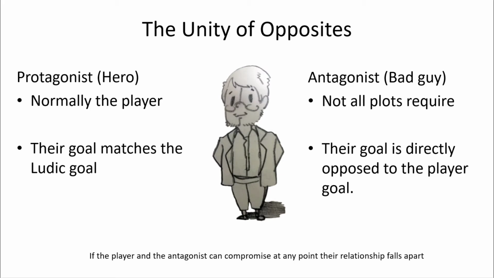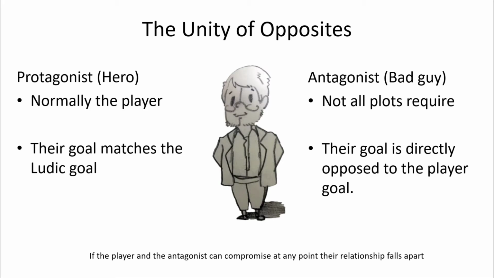That's why they're at the extreme ends of the continuum. All the other characters that are in your game should fit somewhere along the continuum. The closer they are to the player, the more likely they are to be allies. The closer towards the antagonist, the more likely they are going to be enemies.